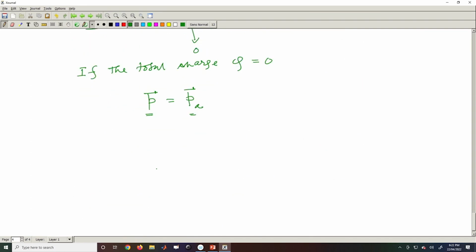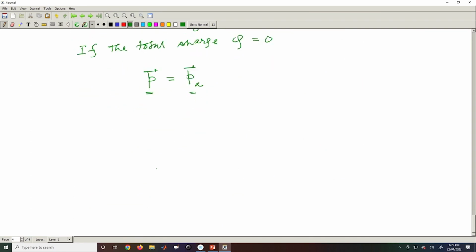So, if you remember, when we have two charges, plus q and minus q, this is the simplest example of a dipole, the total charge Q was 0 and we find that the dipole moment, whatever the coordinate system you use, will remain the same.